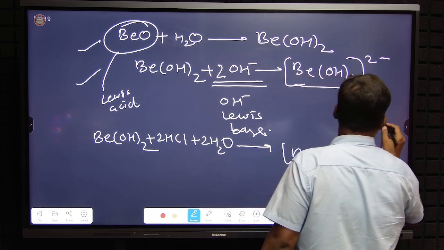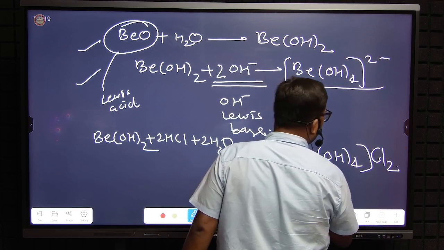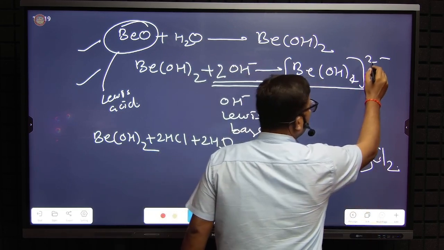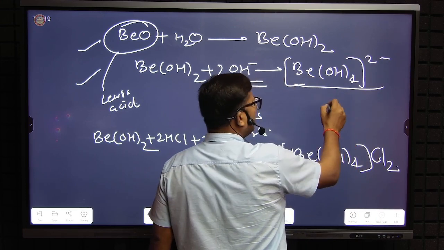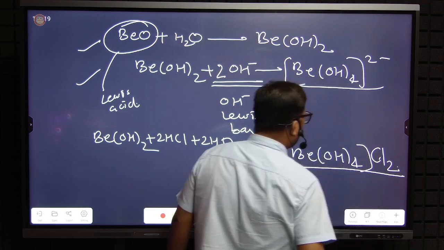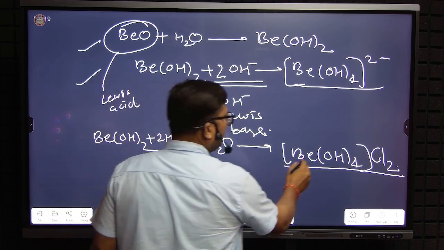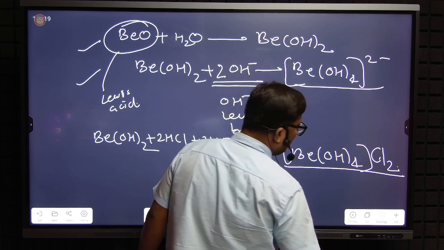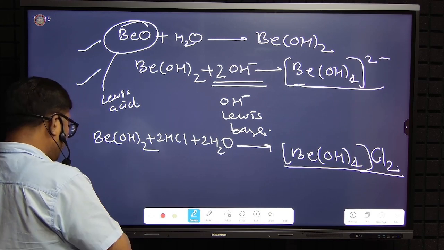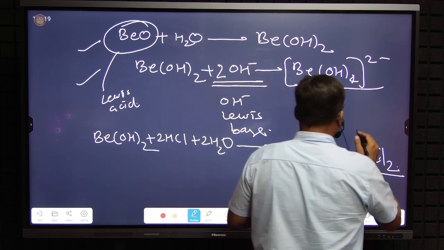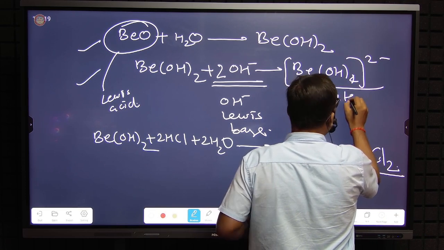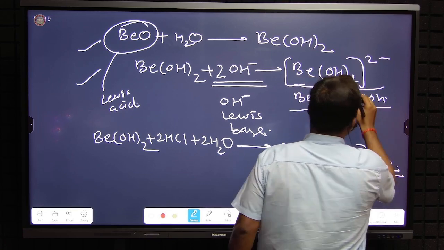This Be(OH)4 is your 2 plus, so similarly this compound, Be 2 plus and 2Cl minus, will be stabilized. So this is called the beryllate ion, Be(OH)4 2 minus.